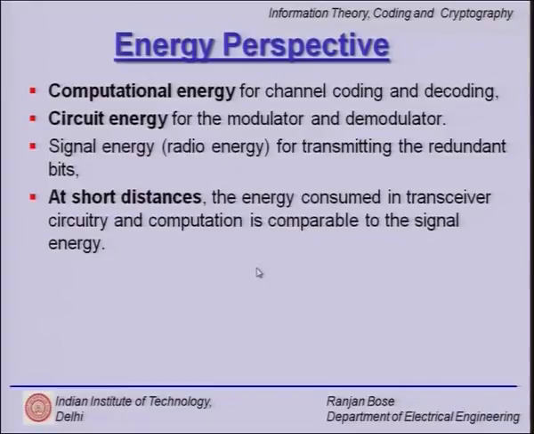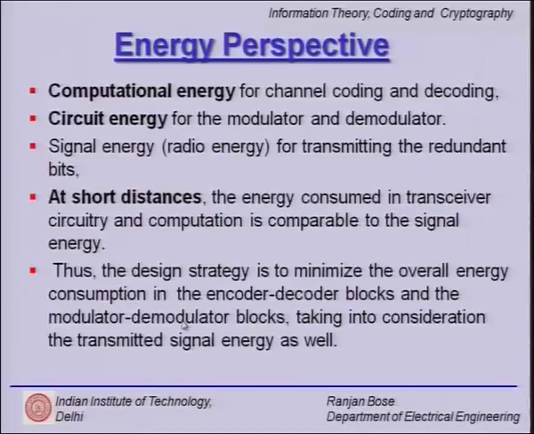So, at short distances, the energy consumed in the transmitter circuitry and computation is comparable to the signal energy. Why? Because the required radio energy, the actual energy for the electromagnetic radiation, is very small, and it becomes comparable to what we spend inside the circuit in terms of the circuit energy and the computational energy.